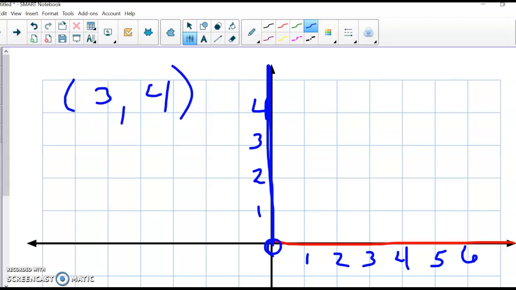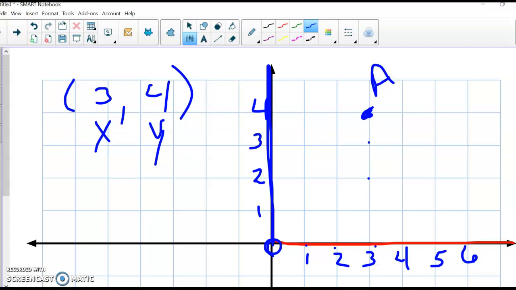Always the x comes first because it comes first before y in the alphabet. So we're going to go x axis, y axis. So 1, 2, 3, and then 1, 2, 3, 4. So here is our first point. We're going to call this point A.